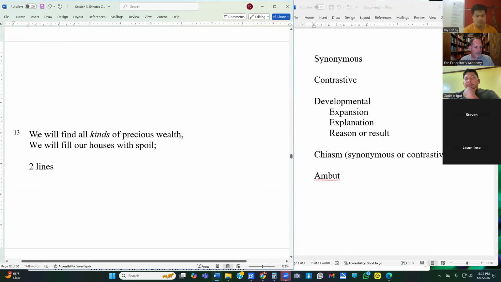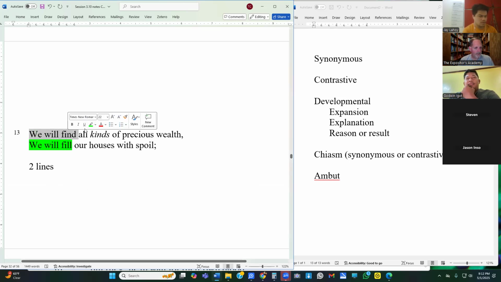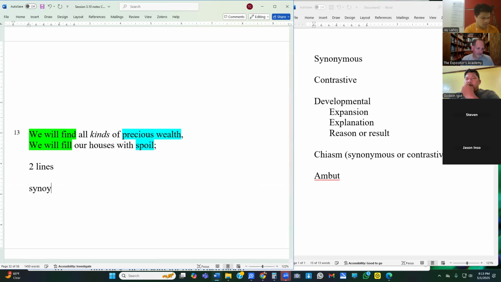We will find, and we will fill. We will find all kinds of precious wealth, and the spoil is weird. Yeah, the spoil. The middle part's not as clearly synonymous, but it seems like it's synonymous.